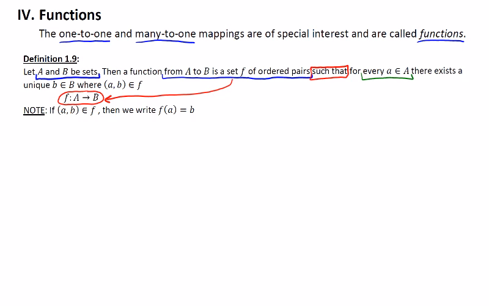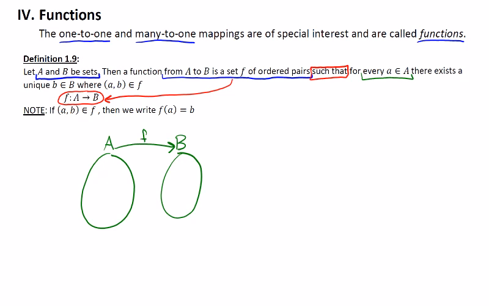So when I think about this from an arrow map perspective, I'm going to have set A, and I'm going to have set B, and I'm making a connection from set A to set B, and in this case we're calling it F. That's the map. It doesn't say some of the elements from A that you choose.